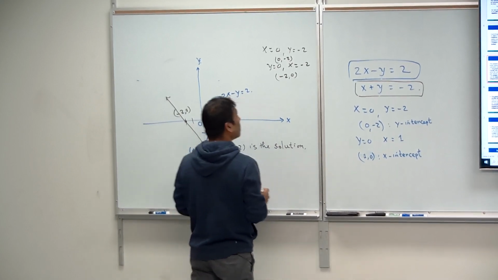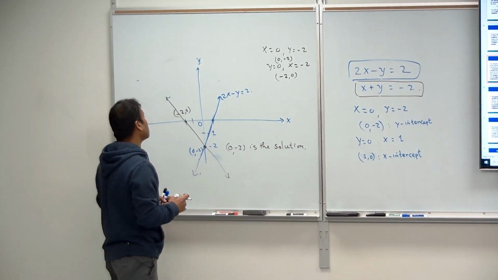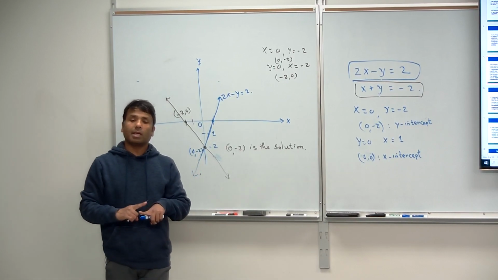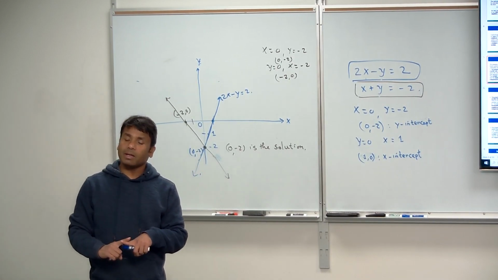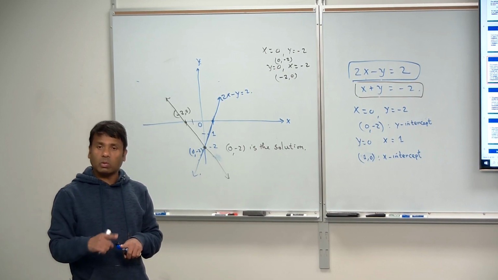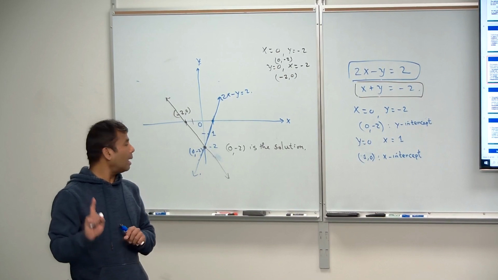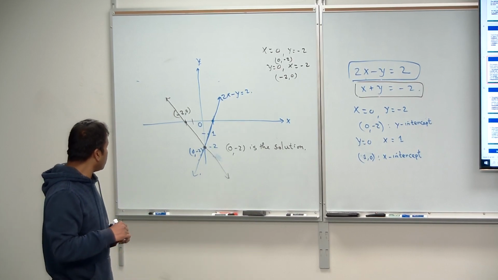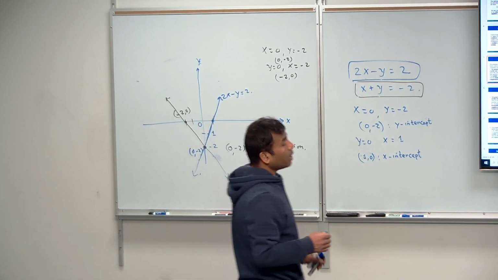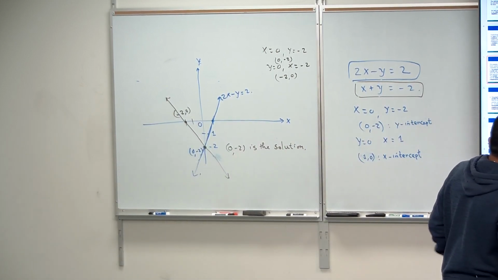And here, like I told you, the system is consistent if the graphs intersect exactly at one point. The intersection point is the solution to the system of equations, and the system is consistent and the equations are independent.